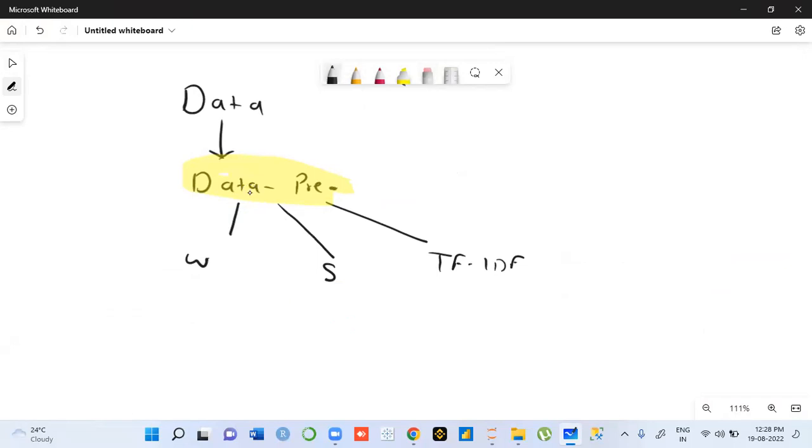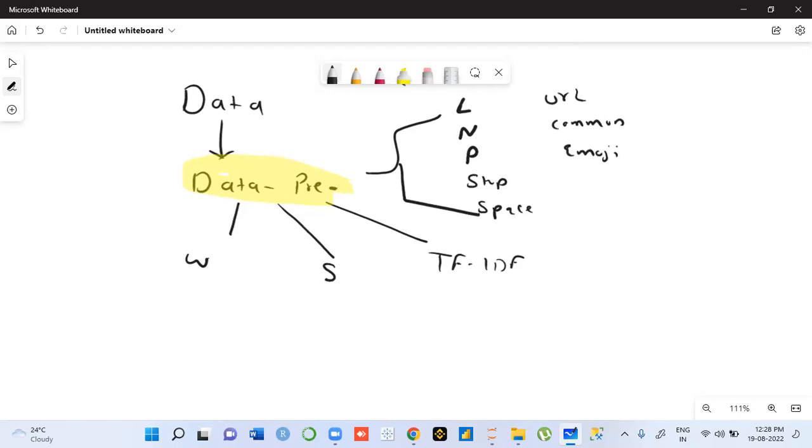I'll repeat again for you. Pre-processing: removing lowercase, numbers, punctuation, stop words, space, URL, common words, and then your emojis. These are the steps of pre-processing which you have to do. After that only you can go for any analysis. Clear, Rahul?